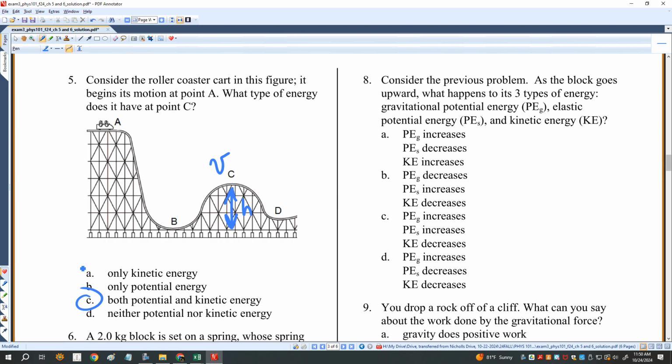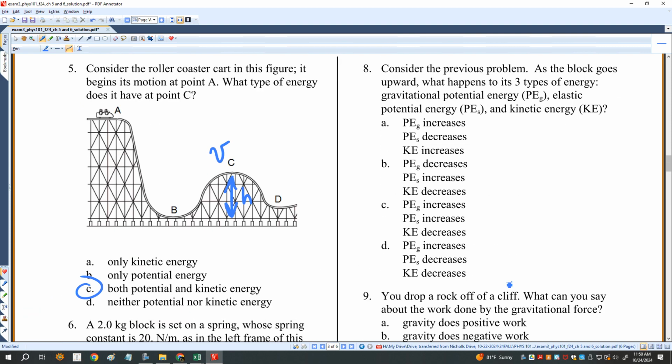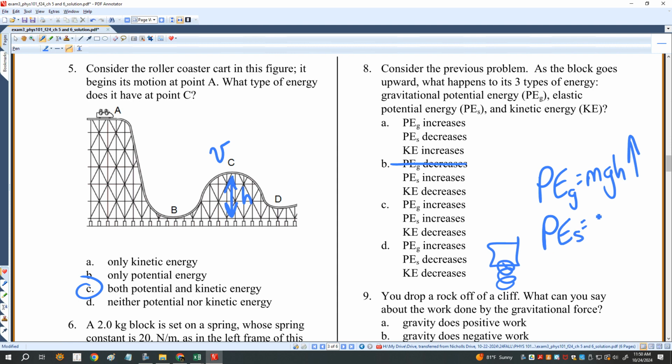All right, so what happens to the various types of energy as it goes up? Well, the gravitational potential energy, which is equal to mgh, that'll increase. So I can get rid of these. This one doesn't leave the other 3. The elastic potential energy, which is equal to 1/2 kx squared: the amount of compression is getting smaller, so that's going to decrease.